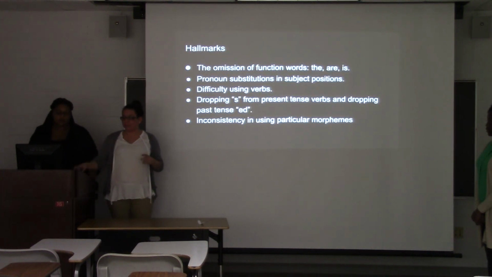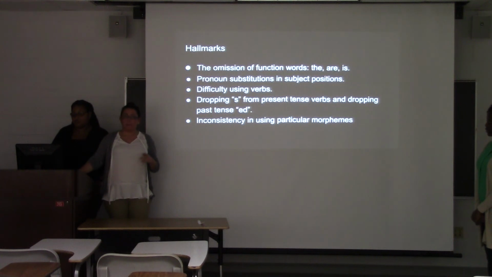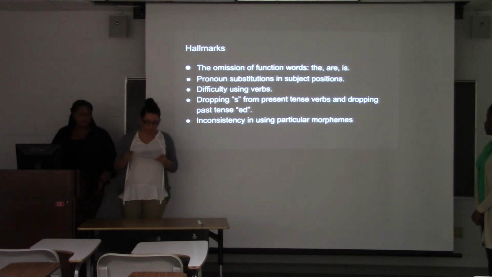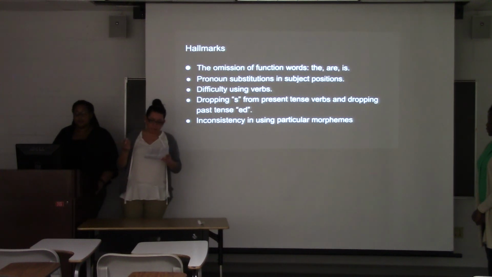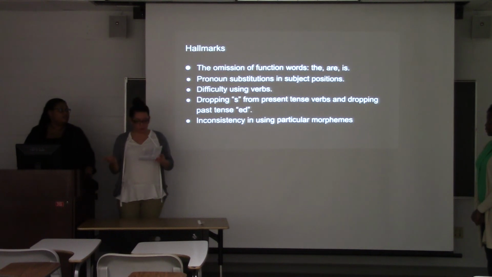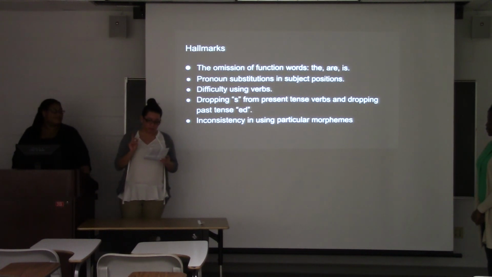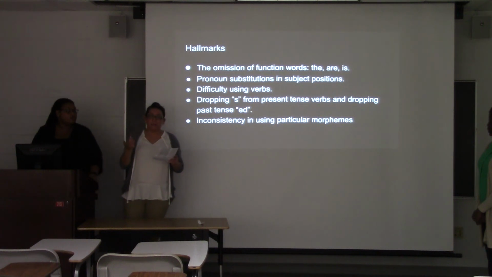And then they also have inconsistencies in using particular morphemes. They also alternate between subject pronouns, using the inappropriate form with the appropriate form, so they'll alternate between I and me. So instead of saying I lost it, they'll say me lost it, and then him and he as well.